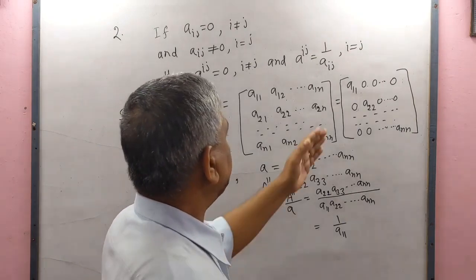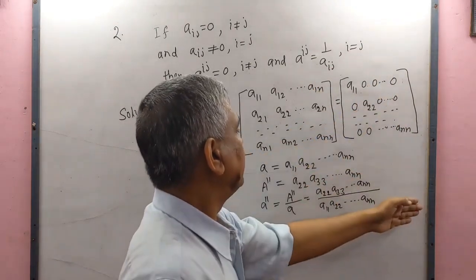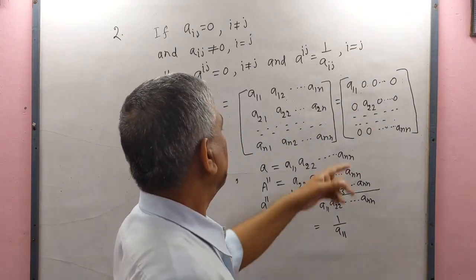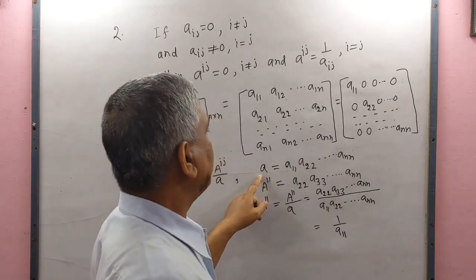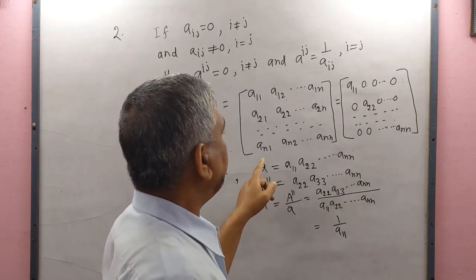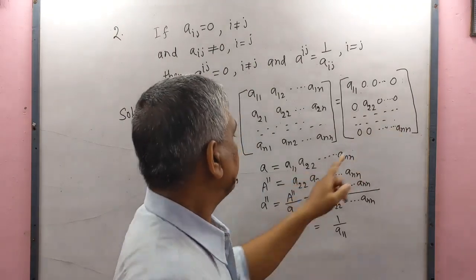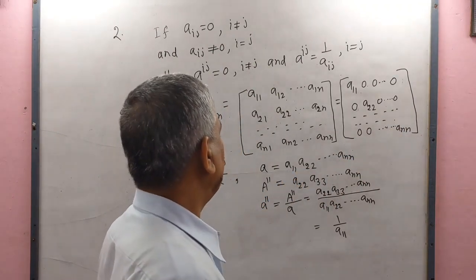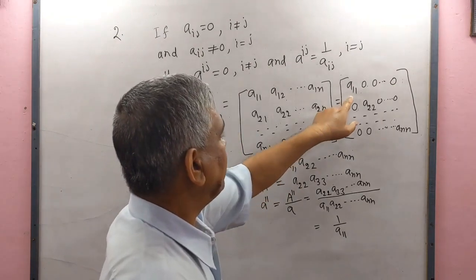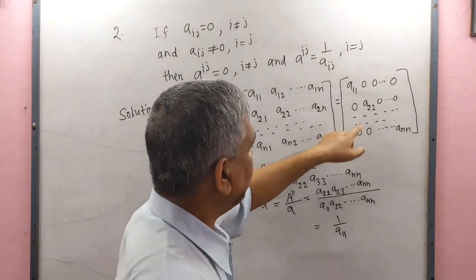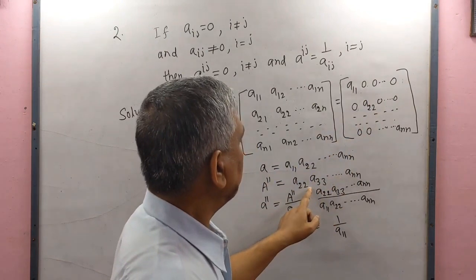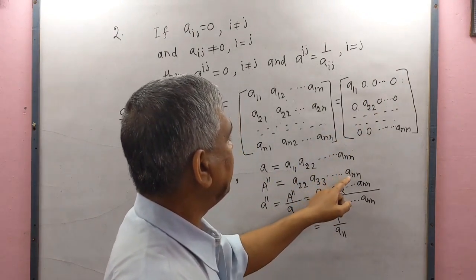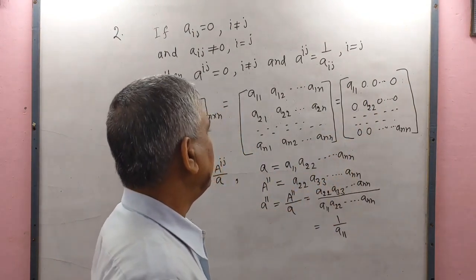If we take the determinant of this matrix, whose value is small a, then it will be the product of diagonal elements, meaning A11 into A22, Ann. Now the cofactor of A11 is A22 multiplied by A33 multiplied by Ann.